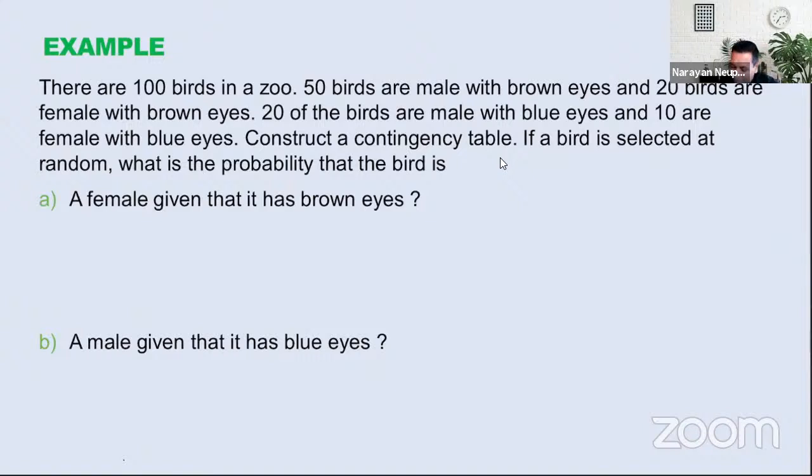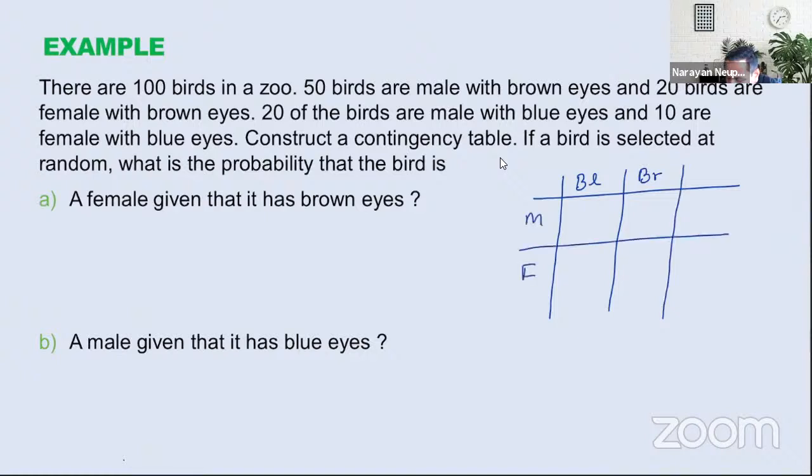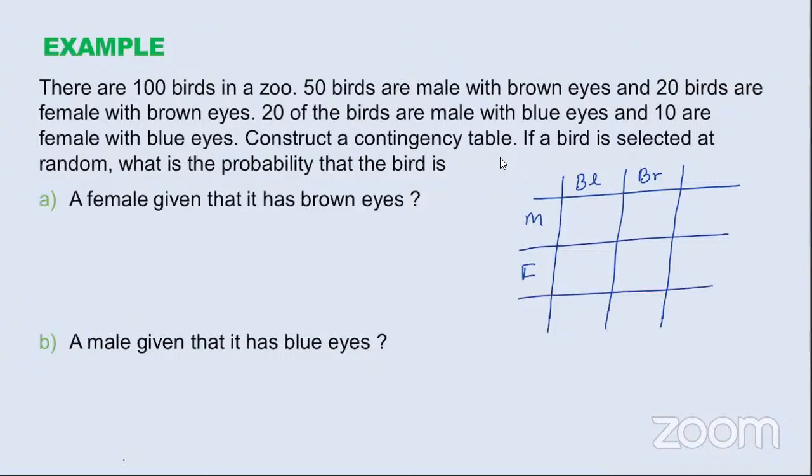So when we construct the table, we are going to represent those two things: blue-eyed birds, BL for blue, and brown-eyed birds, BR for brown, and then the male birds and female birds. So we make a table like this and then put the information, by reading the problem, in the proper box.